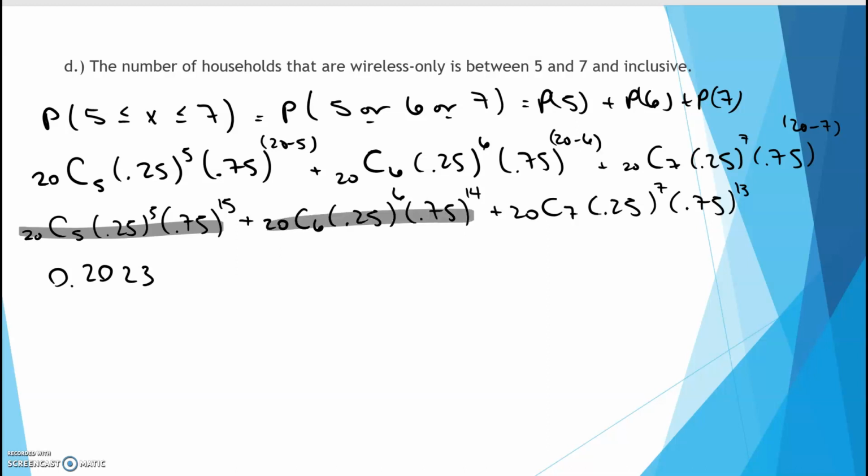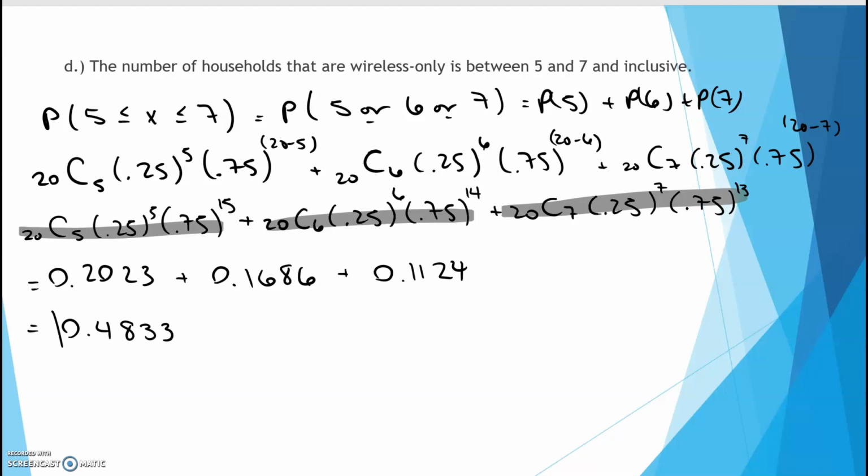For this second one, plus, you should get 0.1686, plus, and for this last one, you should get 0.1124. Now you're going to add all of these together to get 0.4833 as your final answer.